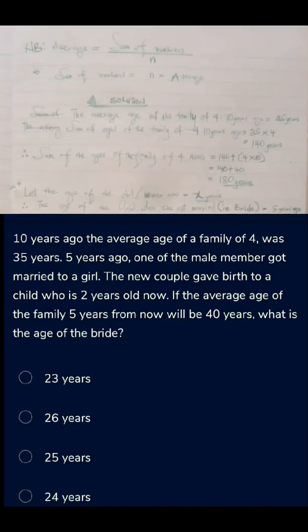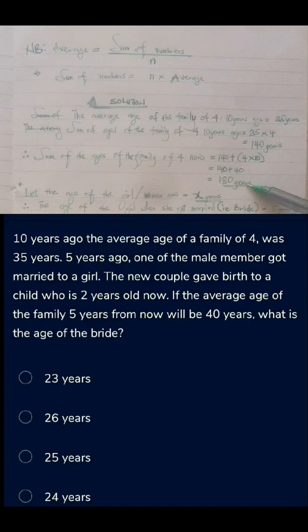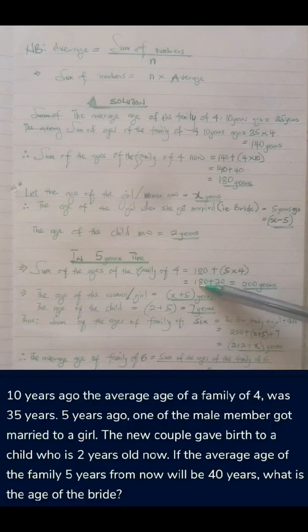So sum of the ages of the family of 4 will be 180 plus 5 times 4. 180 is now, as we worked before. So 5 years to come, there are 4. So n times average, 4 times 5, giving you 20. So adding to their current age will give you 200 years.